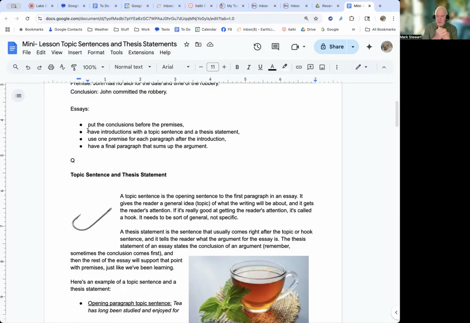The second is a thesis statement. And then remember, you still have your conclusion and your premises. Essays use one premise for each paragraph after the introduction. So you have your introductory paragraph, and then one of your premises becomes the basis for the second paragraph. Another premise becomes the basis for the third, and so on. And then there's a final paragraph that sums your argument up.